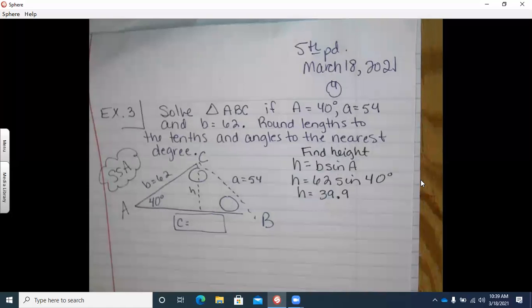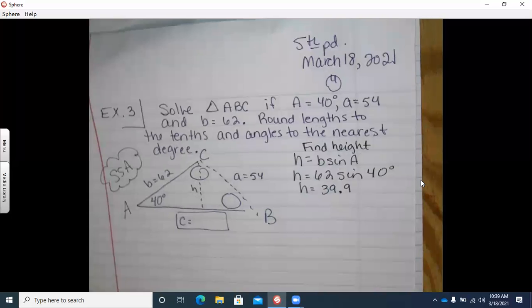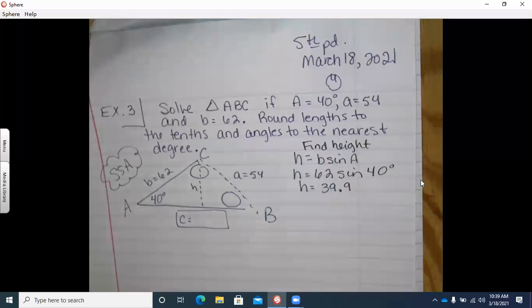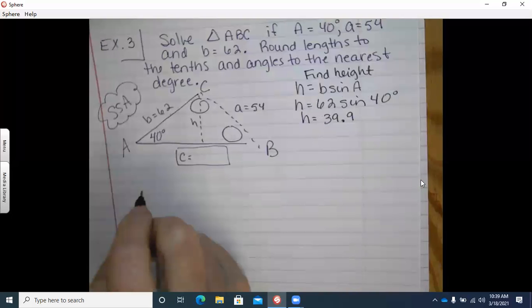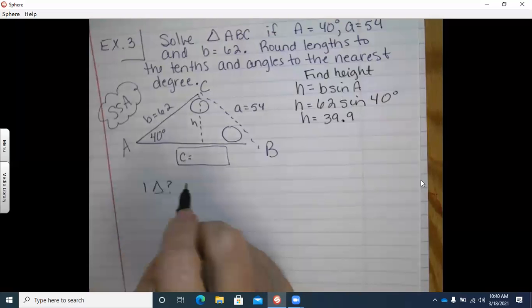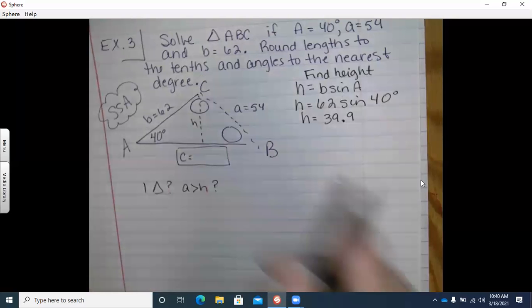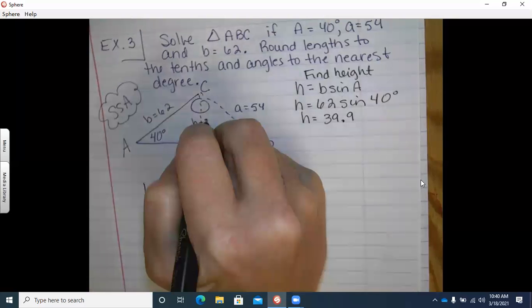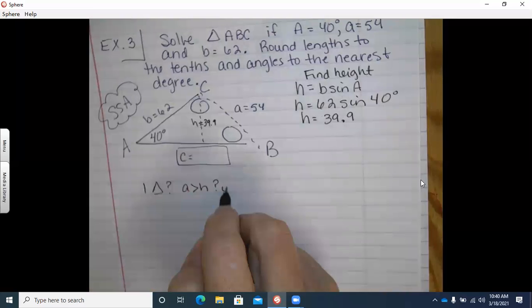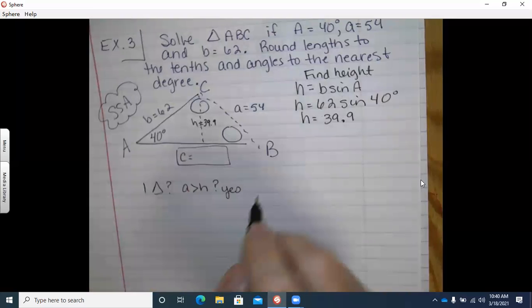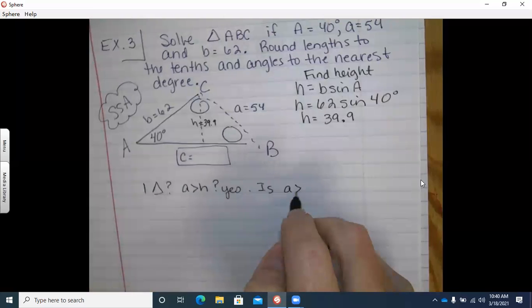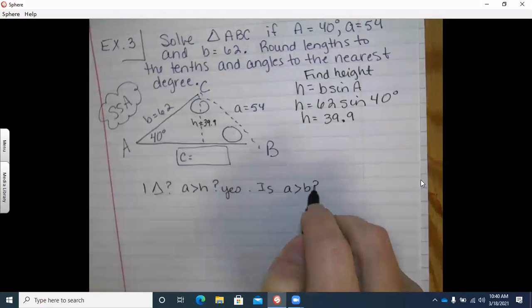Okay, so first of all, you can start with whatever you want. I'd start with seeing, okay, is it just one triangle by itself? If it's one triangle by itself, a has to be greater than h. Is a greater than h? Yes. And also, a has to be greater than b. Is a greater than b?